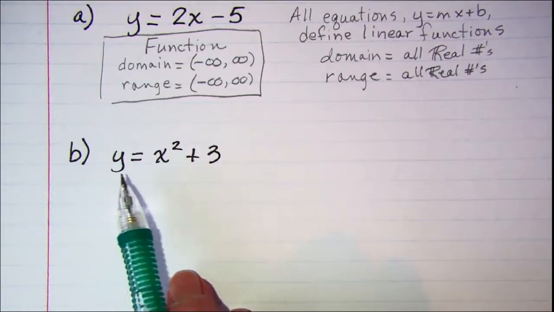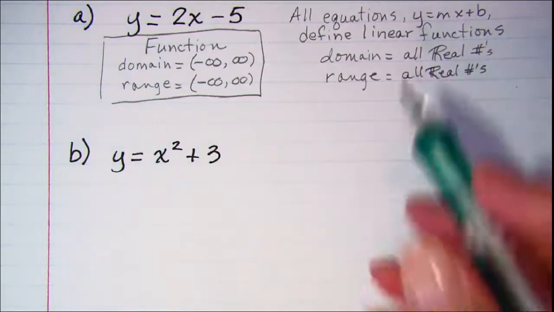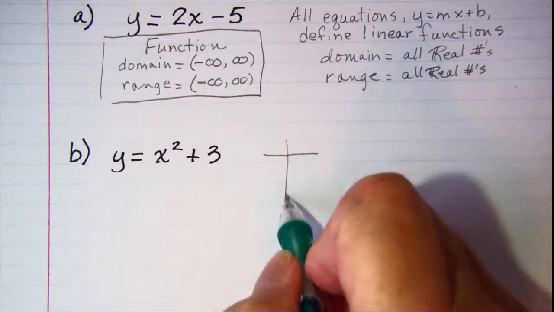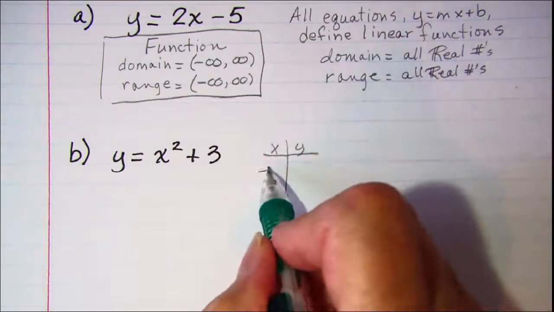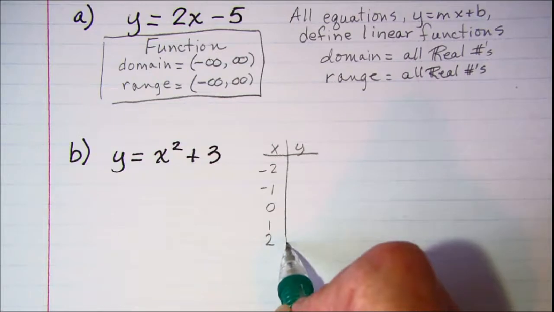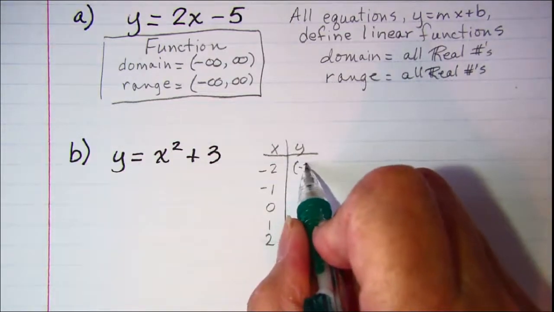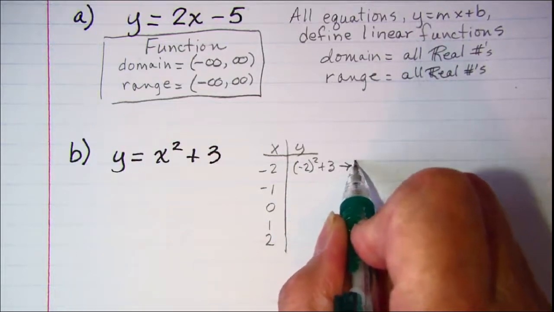On this one, we have y equals x squared plus 3. Let's look at an xy chart, and let x be negative 2, negative 1, 0, 1, and 2. When x is negative 2, we have negative 2 squared plus 3, which is 7.